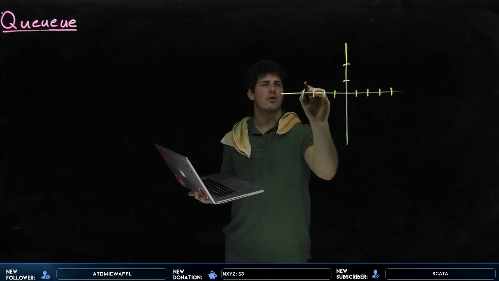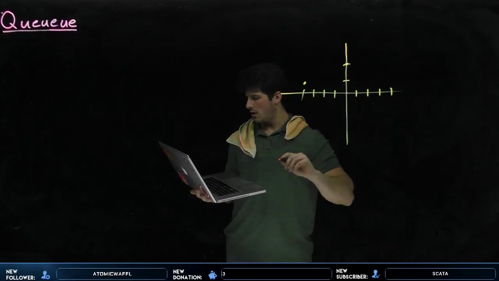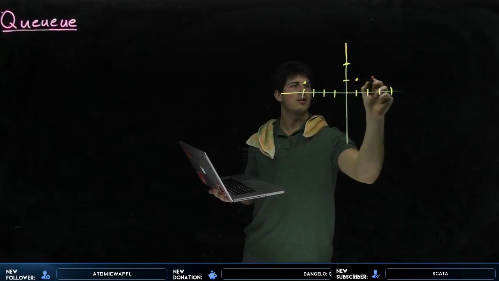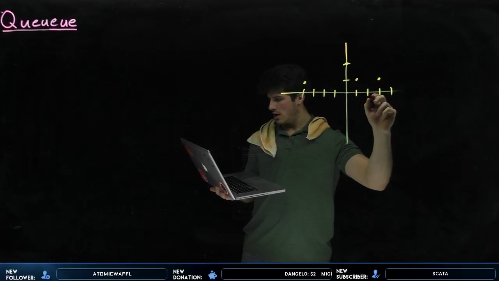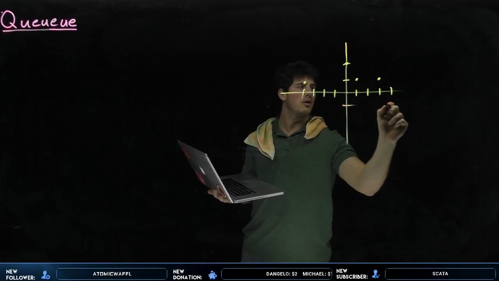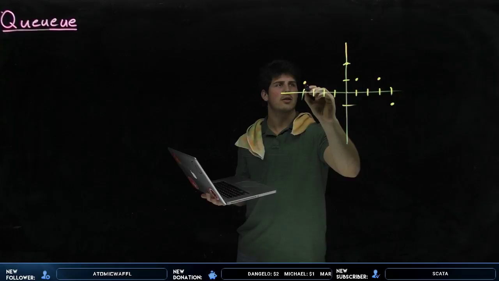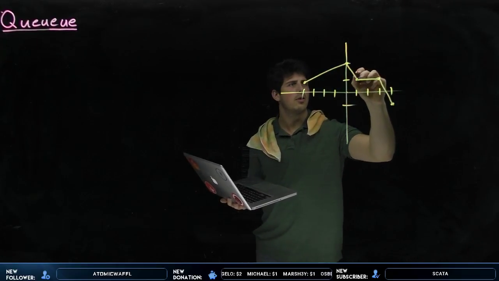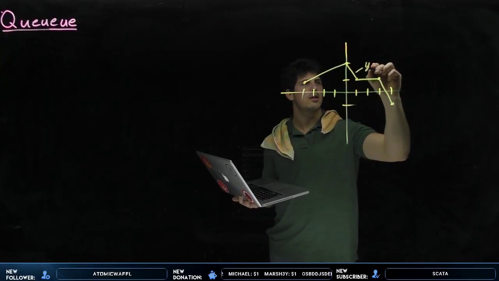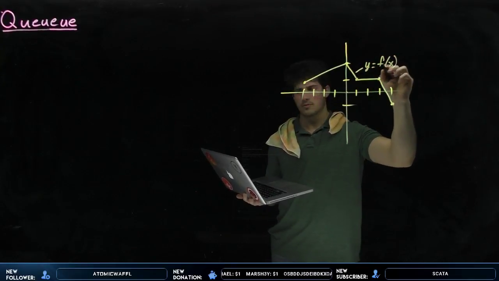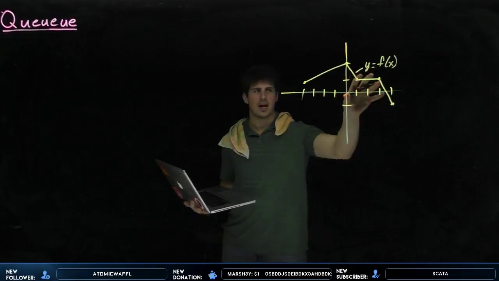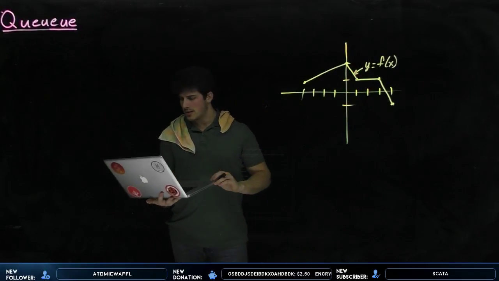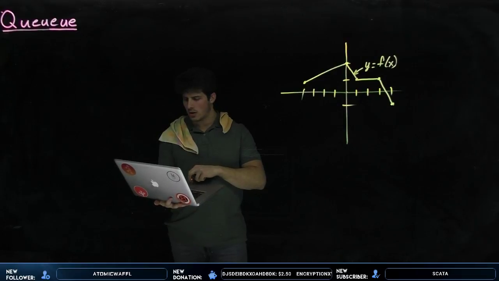Okay, so we have a point here, here, here to here, and then here. And they are all connected. And you have y equals f of x. That is given as the line. What they're asking is, which of the following are equal to 1?